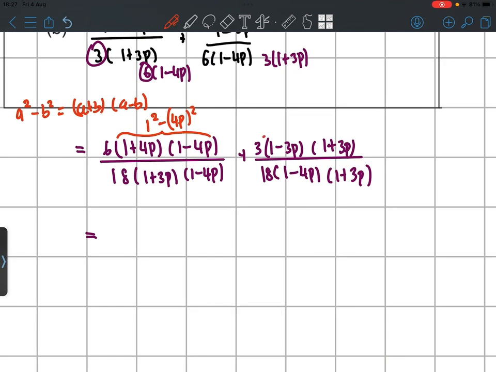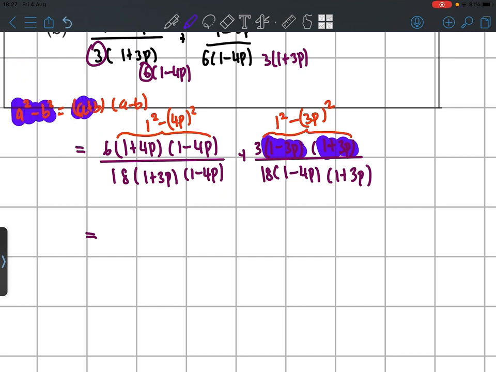And similarly for this, the a in this case is 1 square, b is 3p square, because it follows the pattern of a square minus b square. Okay, so I hope you can understand what I'm trying to say.